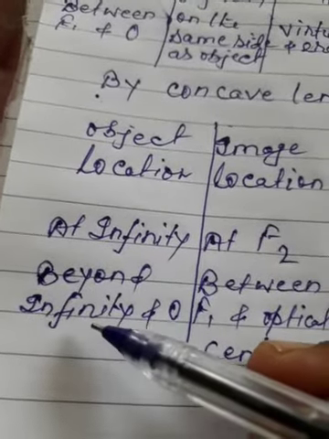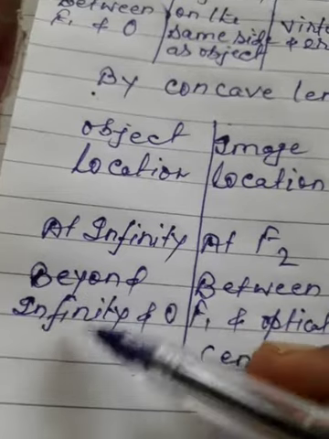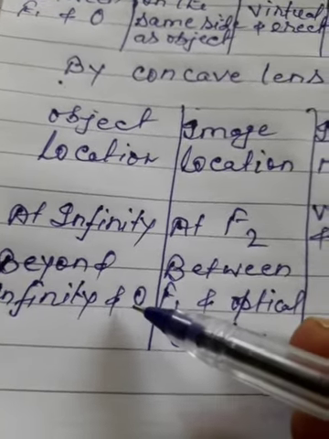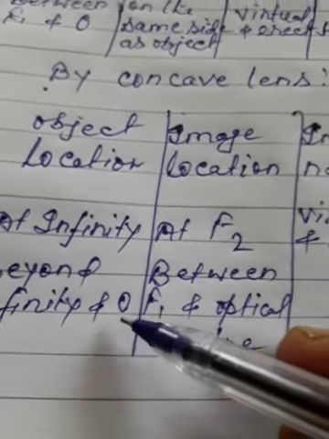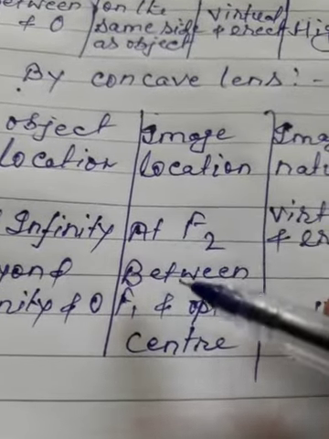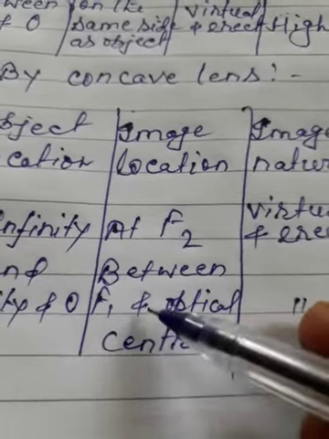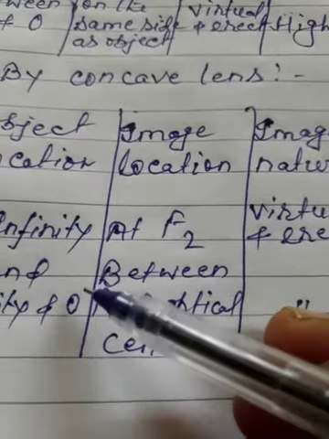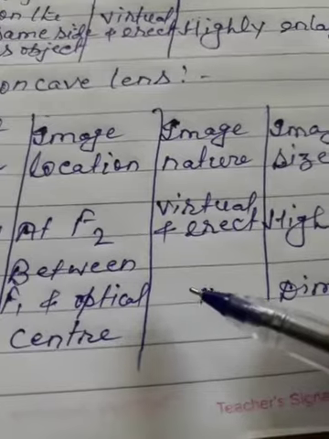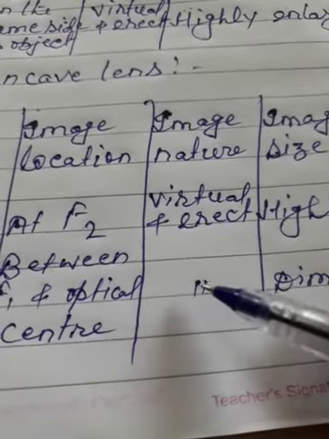Okay, there are only two cases. The second is when the object is between infinity and O, the optical center. Then the image is forming between the first principal focus, f1, and the optical center, O. And what will be the nature of the image? Again it is virtual and erect.